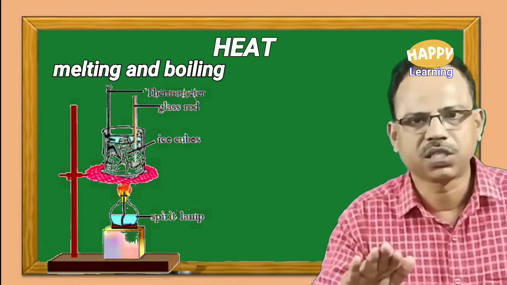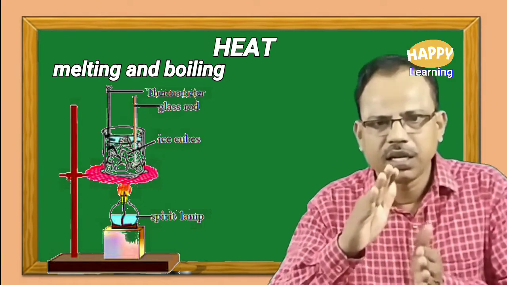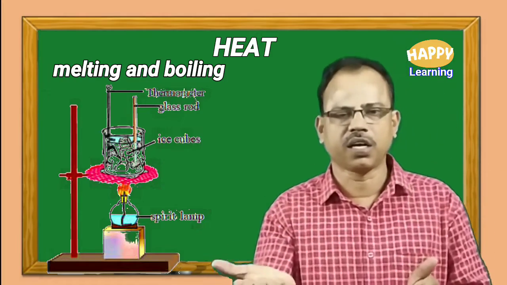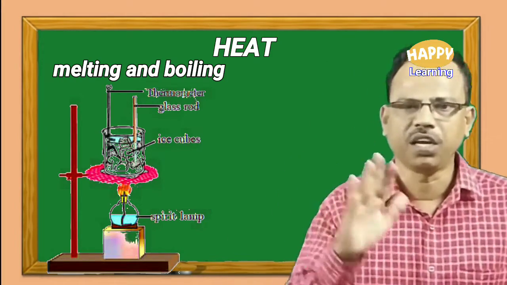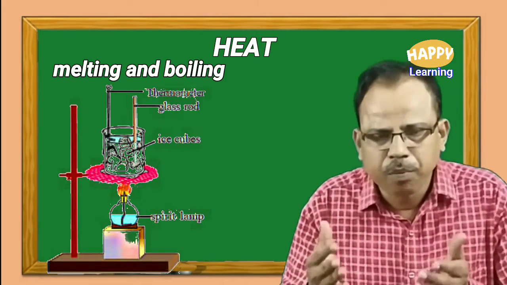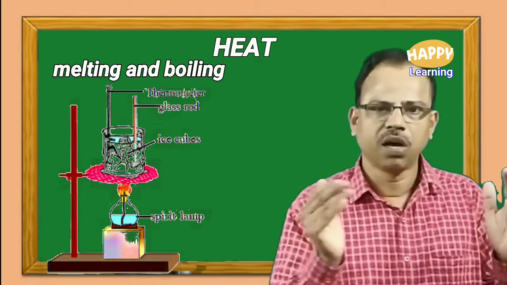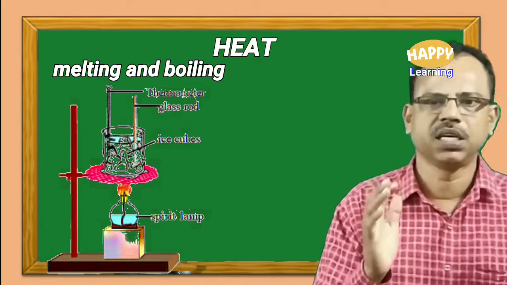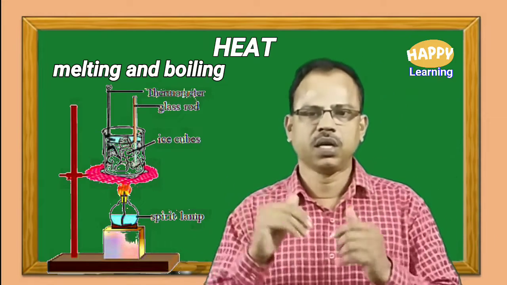Instead of increasing temperature, the phase change started. The solid form is converted into liquid form. That process is now completed. All the ice you have taken is completely converted into liquid form.